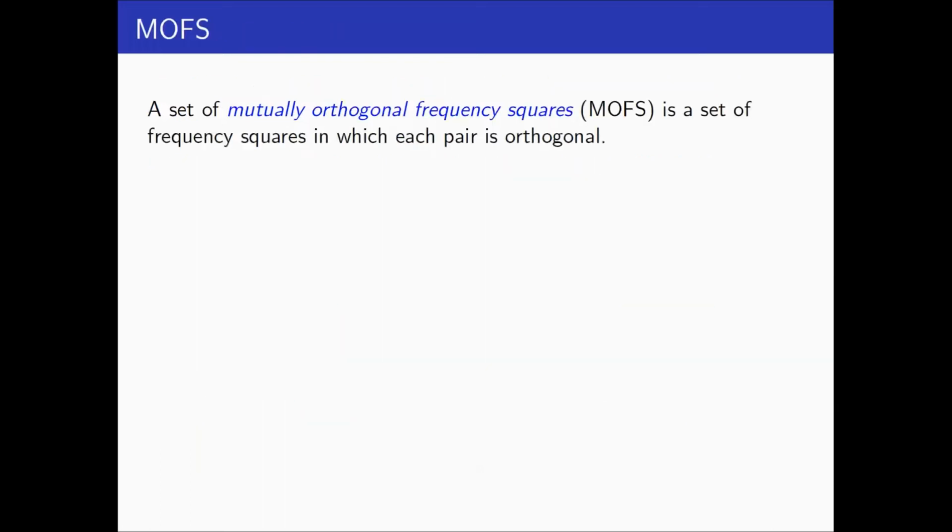Okay, so then we have a concept of mutually orthogonal frequency squares, or MOFs, which apparently is a rude word in South African, but I hope there's not any South Africans in the room. That's where you have a set of these frequency squares, and each pair is orthogonal in the sense I just defined.